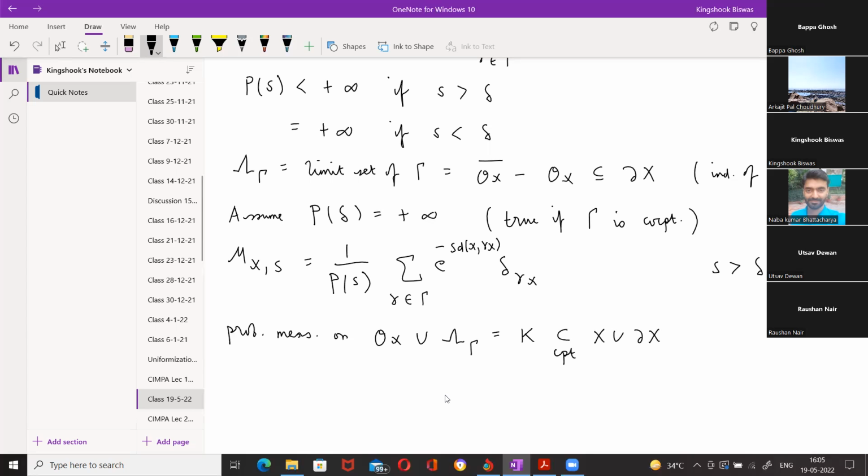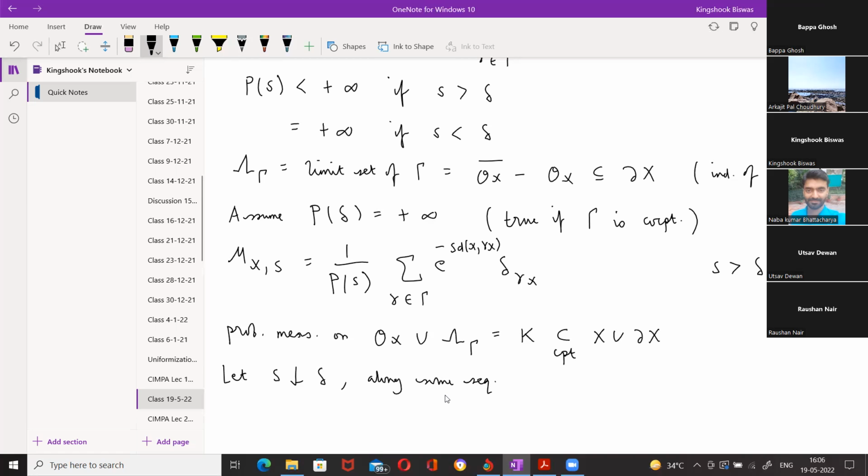Okay, so now what I want to do is let s tend to delta from above, and so then along some sequence, since the set of probability measures on a compact space is weakly compact, I will get a limit for some subsequence s tending to delta.